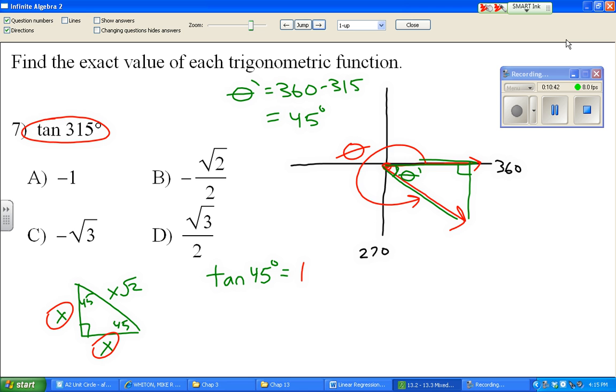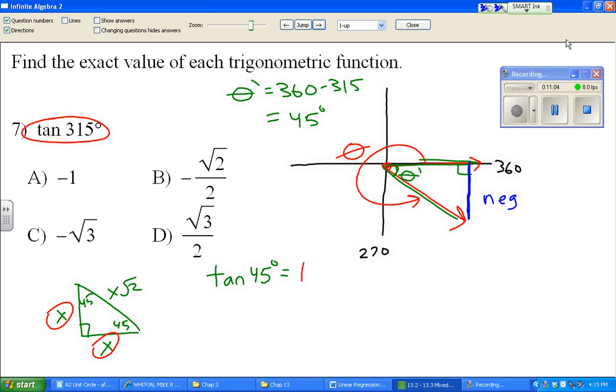So we just have to determine whether it's negative or not. Now don't rely on the options here. I know this is multiple choice, so negative 1 is probably going to be the way to go, but if it's not multiple choice, we need to be able to set this up. Here's how I figure it out. In the reference triangle we drew, technically the opposite side is a negative value, because we're in the fourth quadrant here.